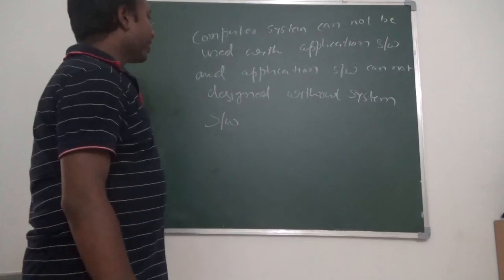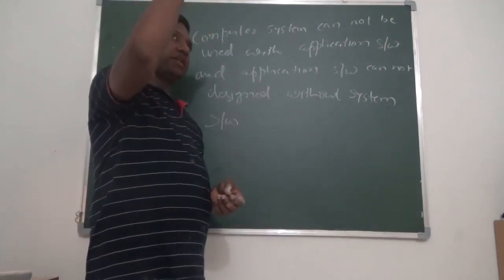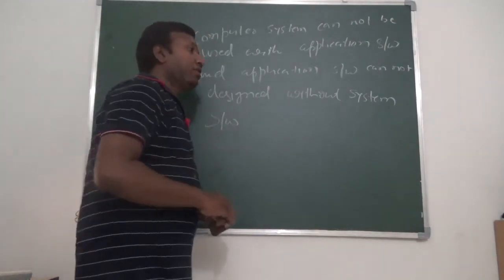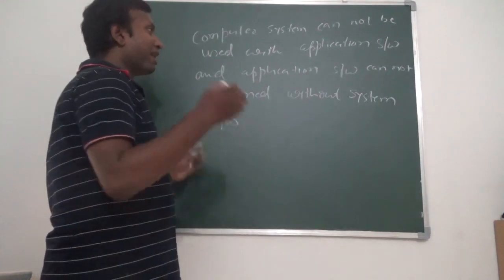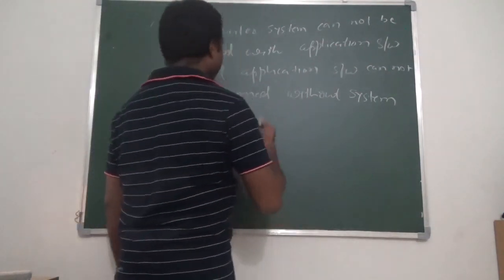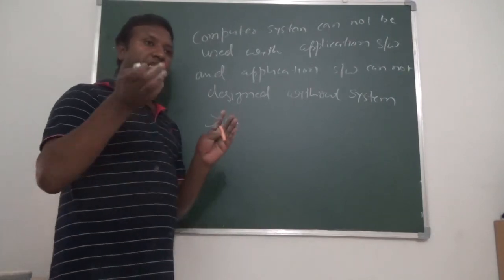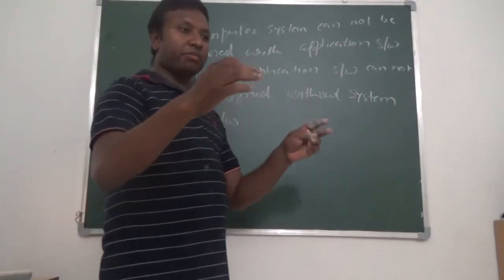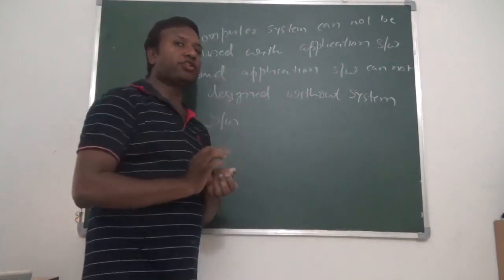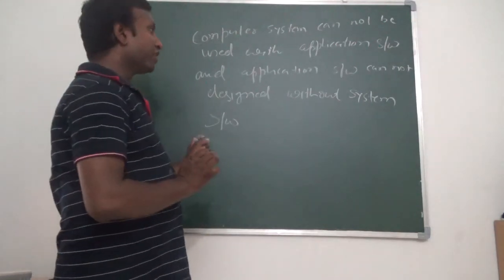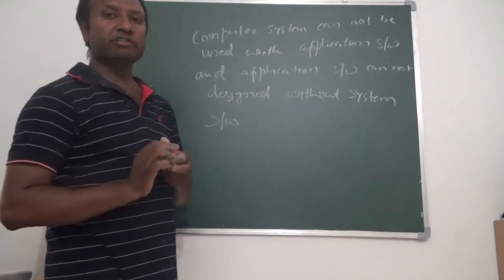So that is the main point. If you want to use the computer system, the application software is the ultimate solution, obviously for the end user. And application software cannot be designed without the help of system software. So system software is required for maintaining the system also and designing the application software also, right? So that is the summary of this particular introductory chapter.